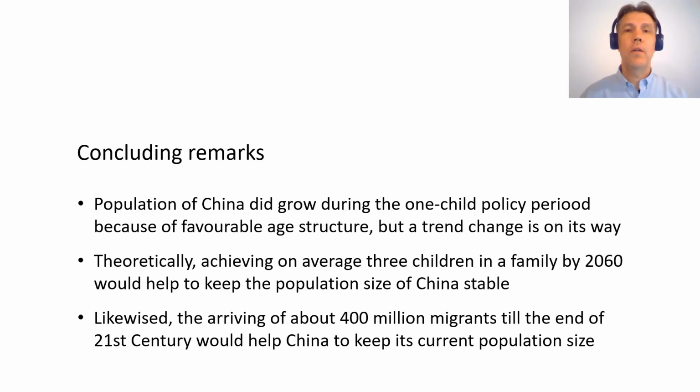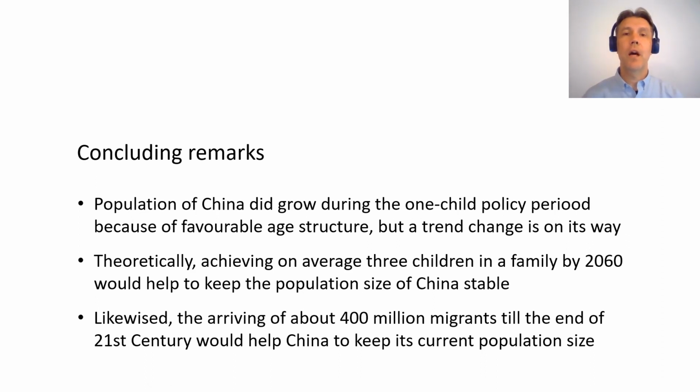We can draw three important conclusions from what we learned so far. First, the Chinese population did grow rapidly and in a linear fashion throughout the one-child policy period, and this growth was supported by large generations who were born before the policy was enforced entering the family ages.